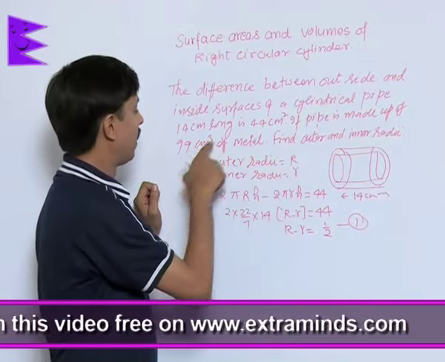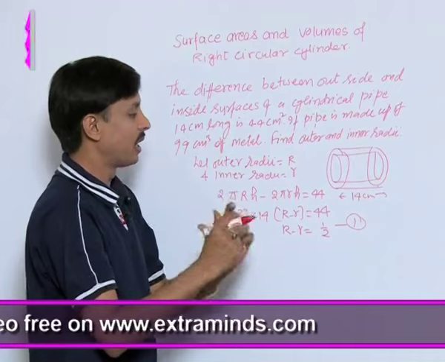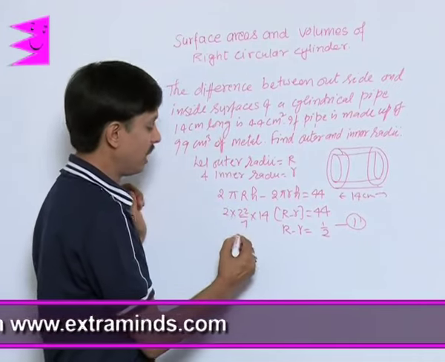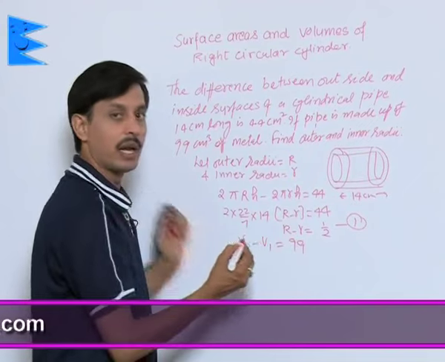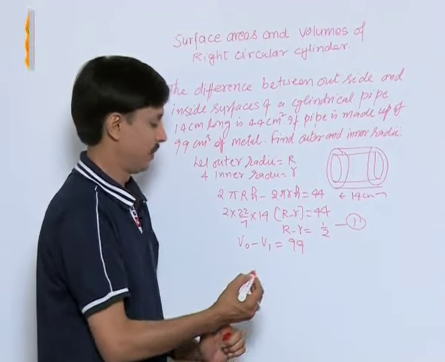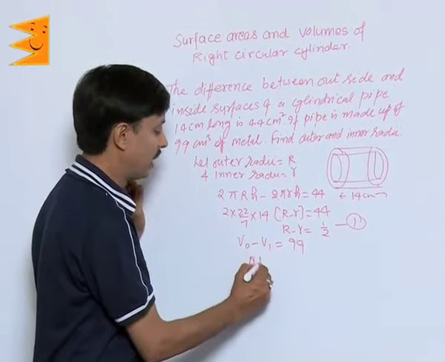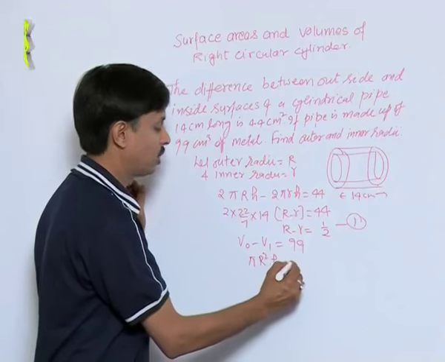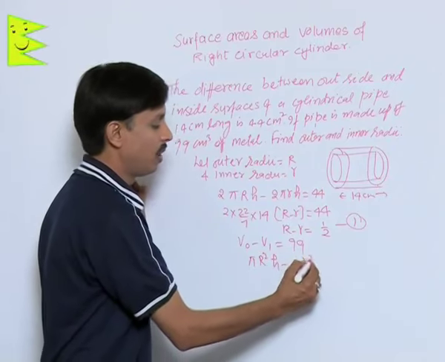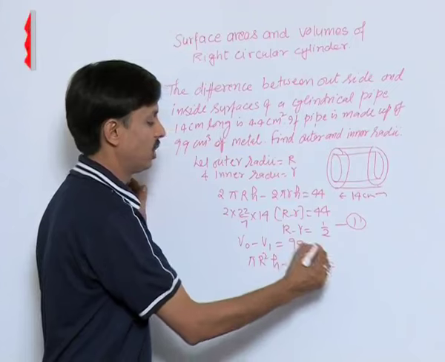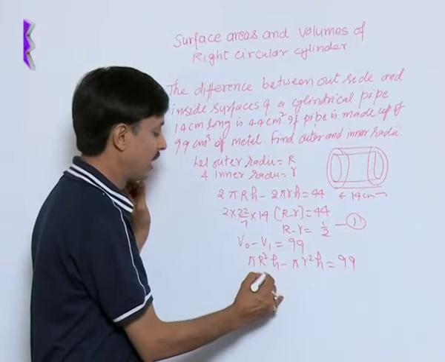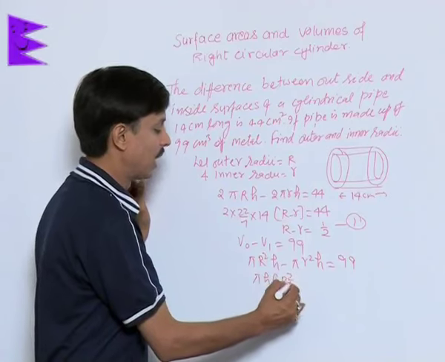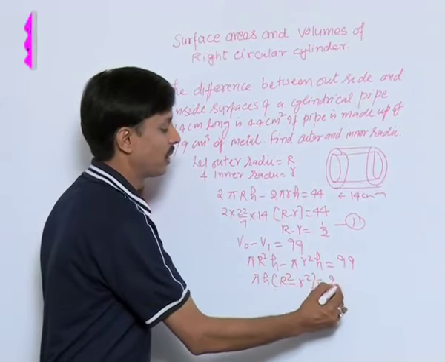The pipe is made up of 99 centimeter cubic metal, means outer volume minus inner volume is 99. Outer volume is pi capital R square H minus inner volume pi small r square H, the difference is 99. If pi H is common, it is R square minus r square.